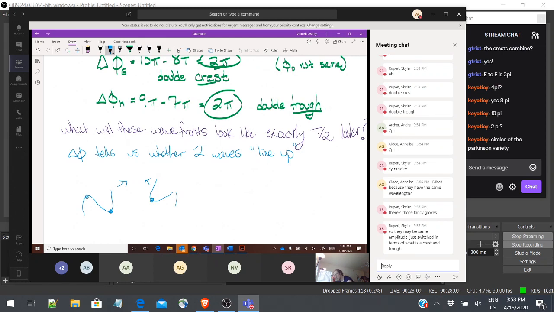And if it does, then this crest will arrive at the same time this crest will arrive. And then this trough will arrive at the same time this trough will arrive. And then this crest will arrive at the same time this crest will arrive, etc. Does that make sense? So what you end up seeing is the result will be double crest, double trough, double crest, double trough, double crest, double trough.